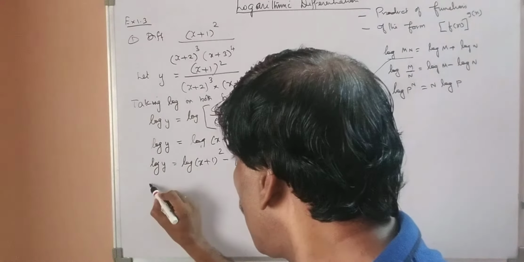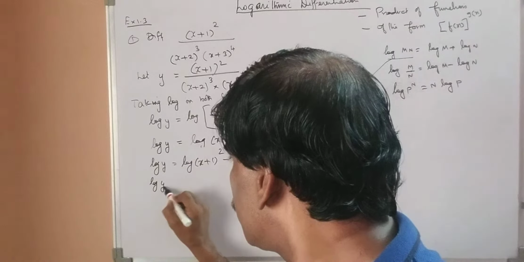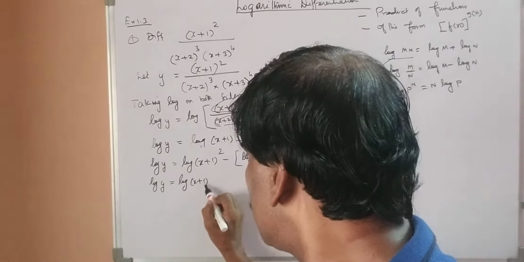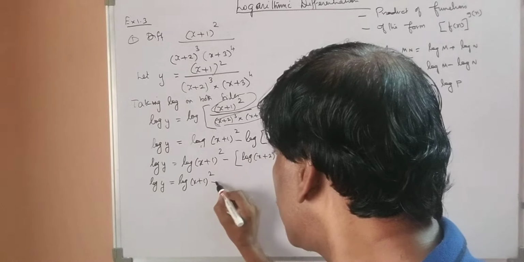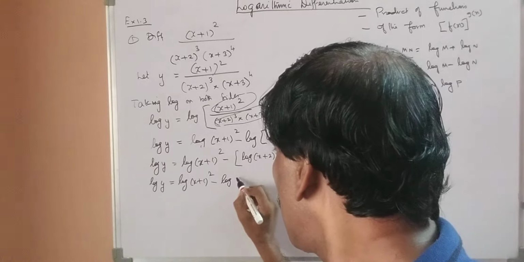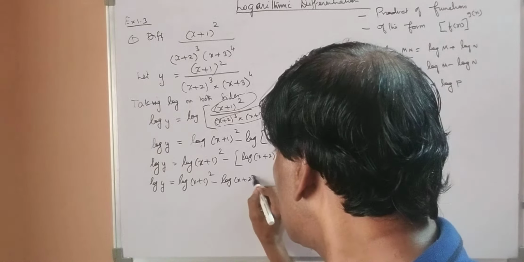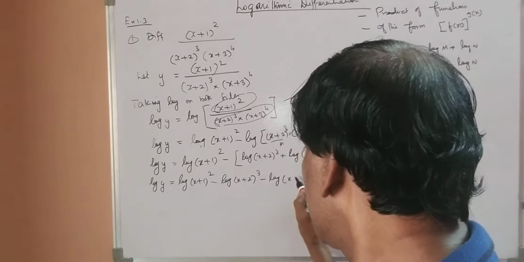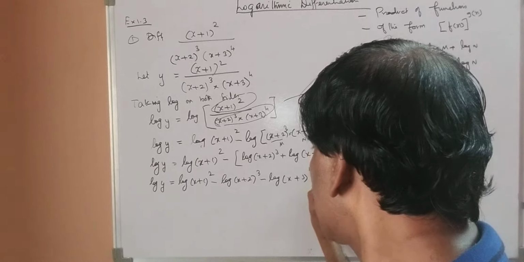Followed? Now log y is equal to log of (x plus 1) the whole square, minus, open the bracket, log of (x plus 2) the whole cube minus log of (x plus 3) the whole raised to 4. Now look at this.